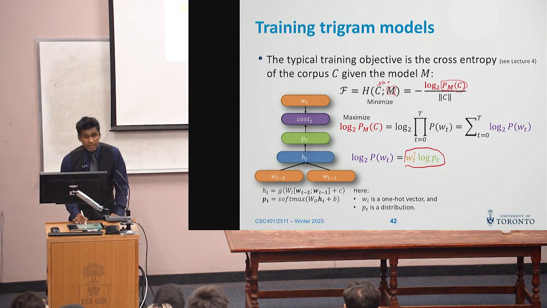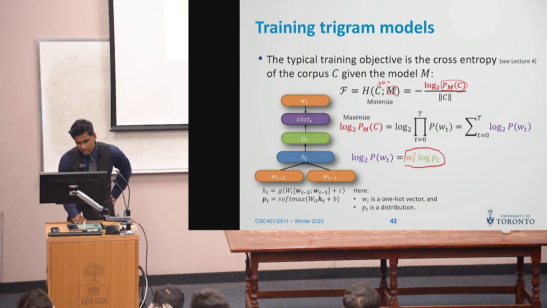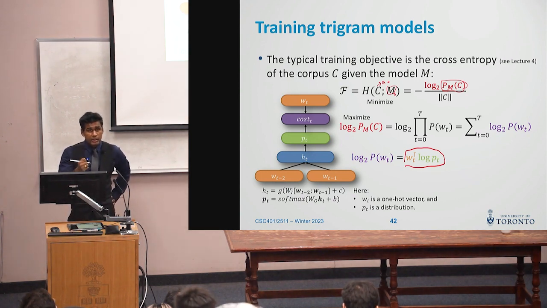We can present this in a mathematical form over here, which is the mathematical expression for cross entropy. C over here is just the normalizing factor for the number of words in the corpus. Minimizing this negative log likelihood is the same as maximizing the log likelihood of our model prediction. This essentially simplifies to the probability of a word in the corpus. How do we calculate the probability of a word in the corpus?